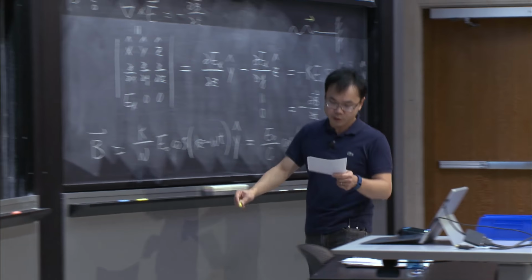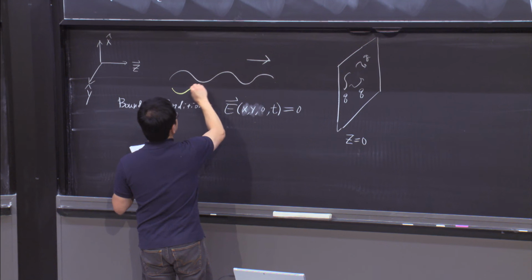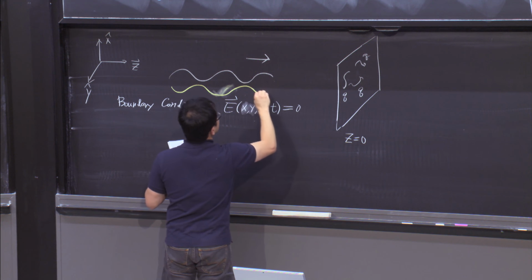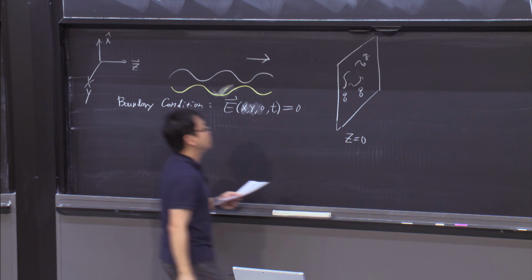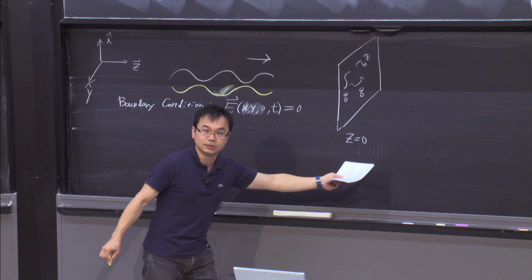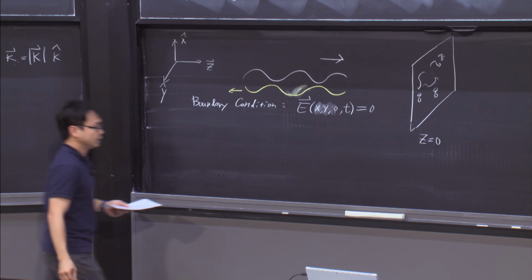Okay, so therefore, what we are expecting is some kind of reflected wave which actually cancels the magnitude of the electric field at z equal to 0. And this progressing wave is going to the left-hand side direction.